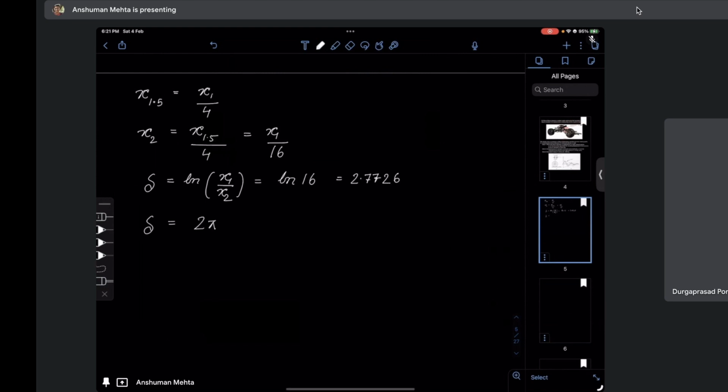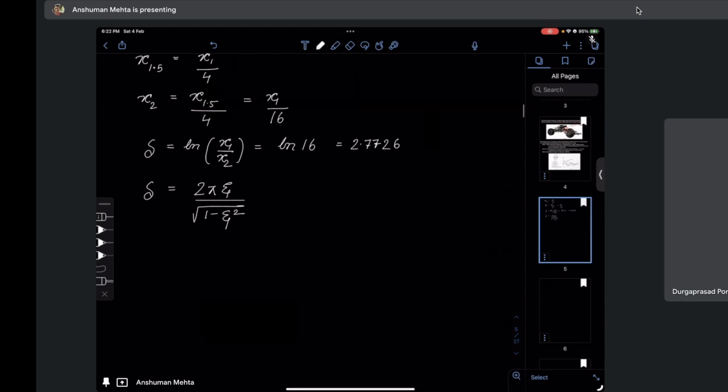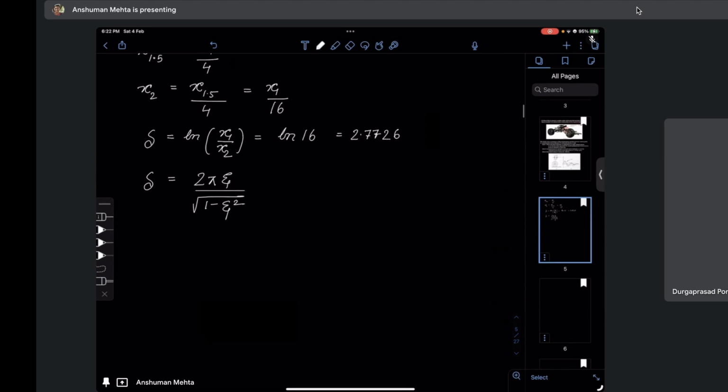There is another relationship between logarithmic decrement and zeta, or in our case called damping coefficient. Delta is equal to 2 pi zeta by under square root 1 minus zeta square. So this is equal to 2.7726.